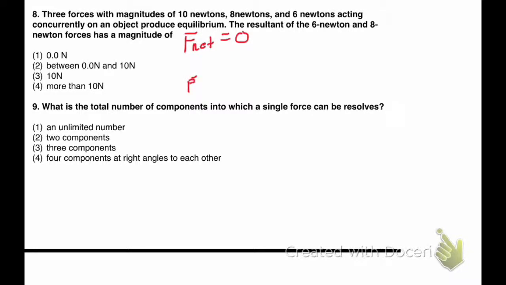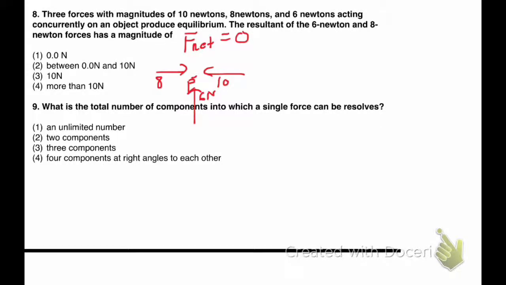So, we'll draw the picture of what's happening right now. That's an object P, and we have a 10 newton force, an 8 newton force, and a 6 newton force acting on the object. What would the resultant be of the 8 and the 6 newton force? Well, we know that the resultant would have to equal the third force vector.